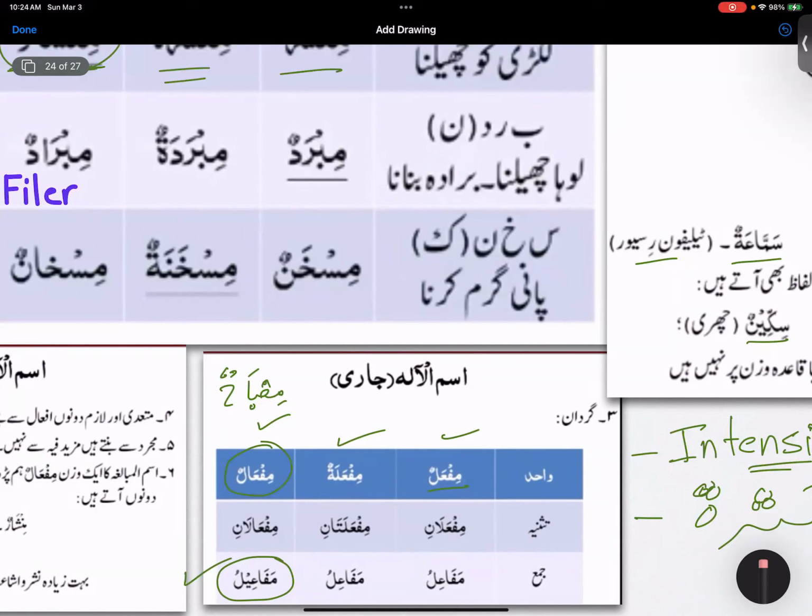So basically this is tasniya: mif'alani for mif'alun, then for mif'alatun it is mif'alatani. So this is our rule. For plural, mafa'ilu pattern.